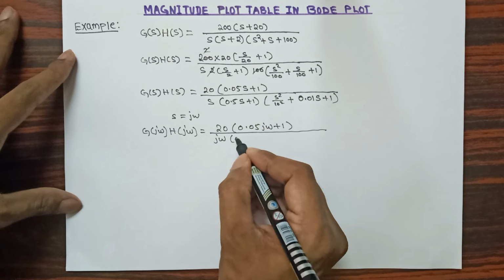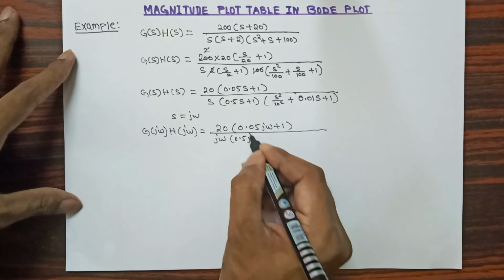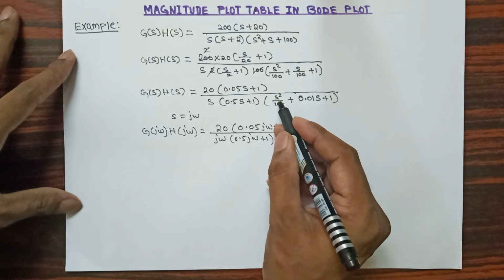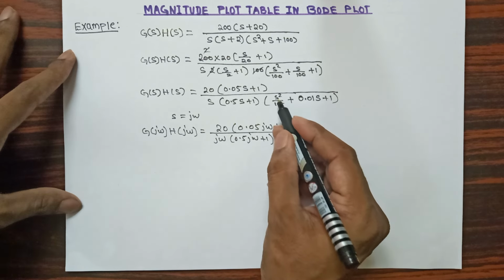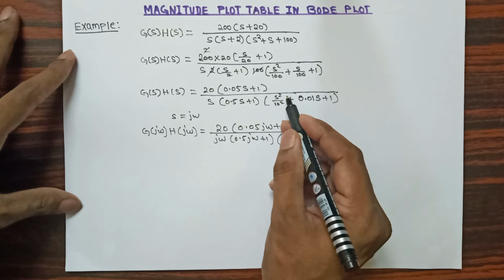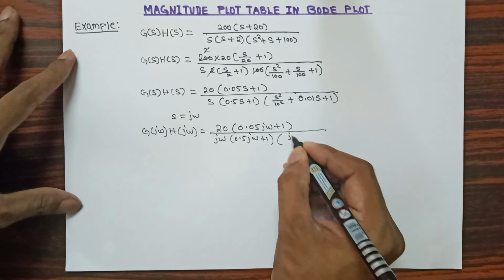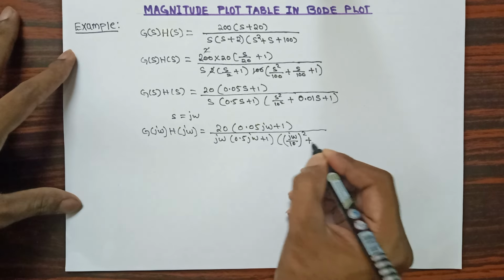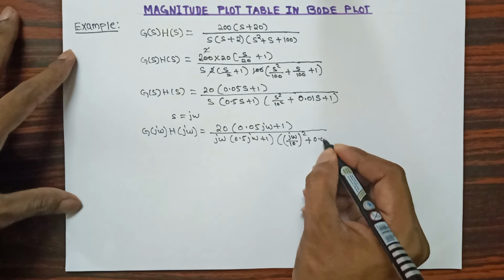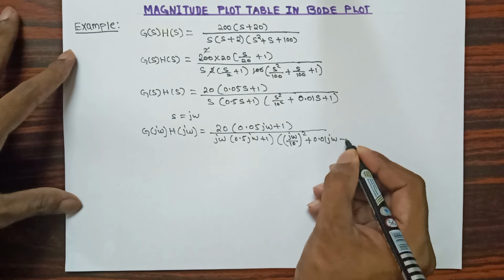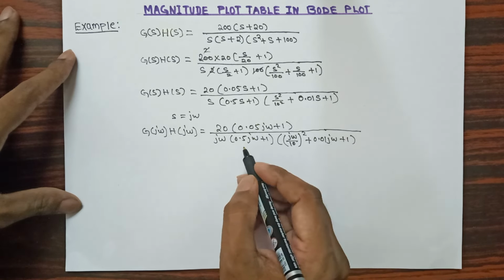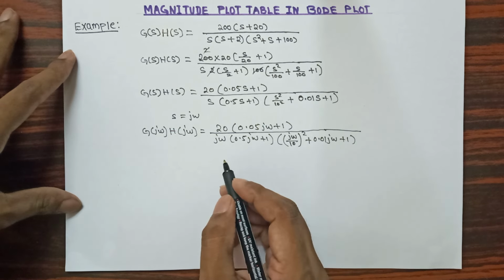Here in this, 0.5 as it is, s I am going to replace with j omega, plus 1, and in this, as I said, we can write this as (s by 10) whole square, and s I am going to replace with (j omega by 10) whole square plus 0.01 j omega plus 1. Now we have substituted s is equal to j omega.